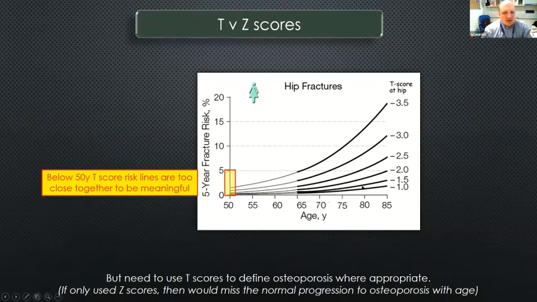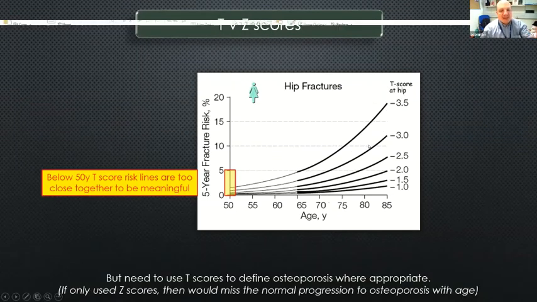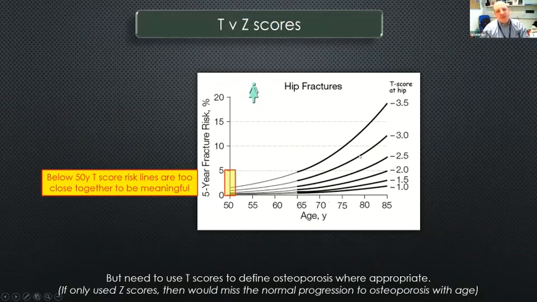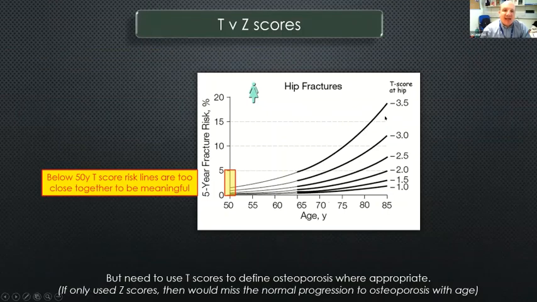in the later part of the graph, as you get older, for different T-scores, they separate their risk. Okay, so you've got -3.5, -3, -2.5, -2, -1.5, and -1, and they all spread out as you get older, which means that having a T-score of -3.5 as opposed to -3 at an older age has a massive impact on your fracture risk.